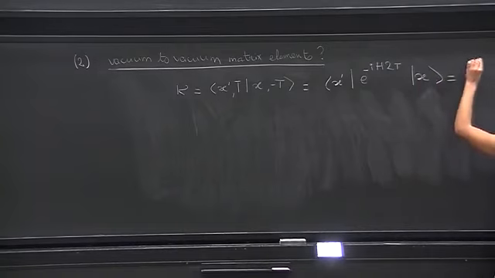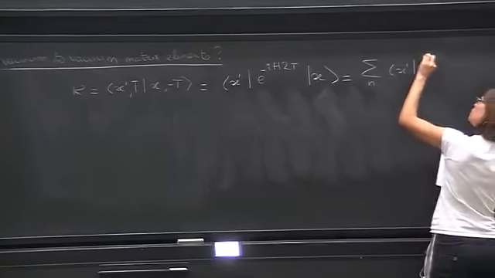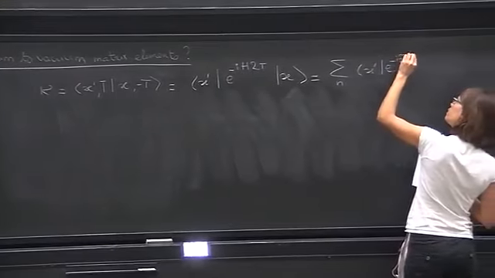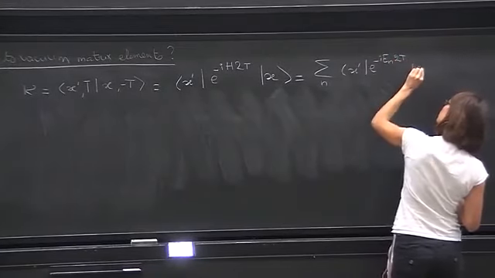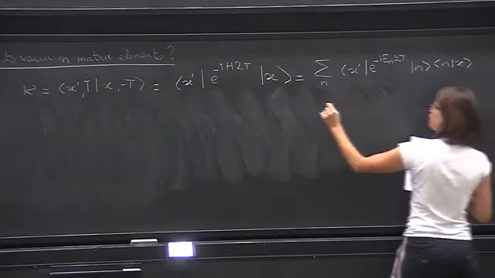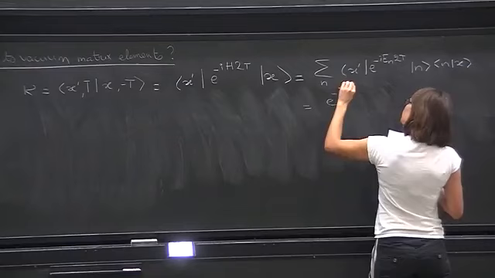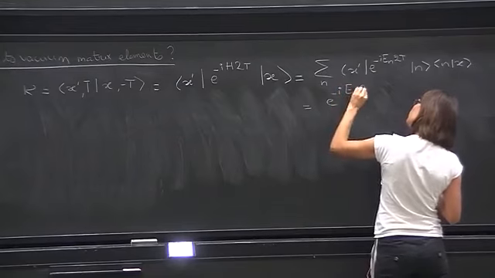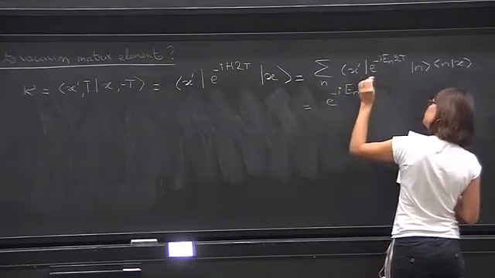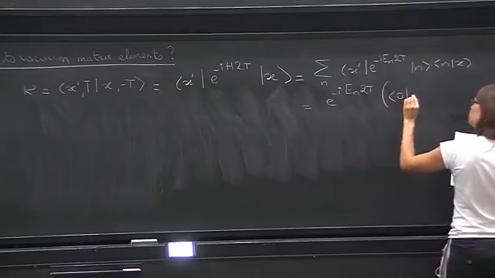So here I just get the sum over n, and in fact I can of course factorize by this t, and then what I get here is the term 0.